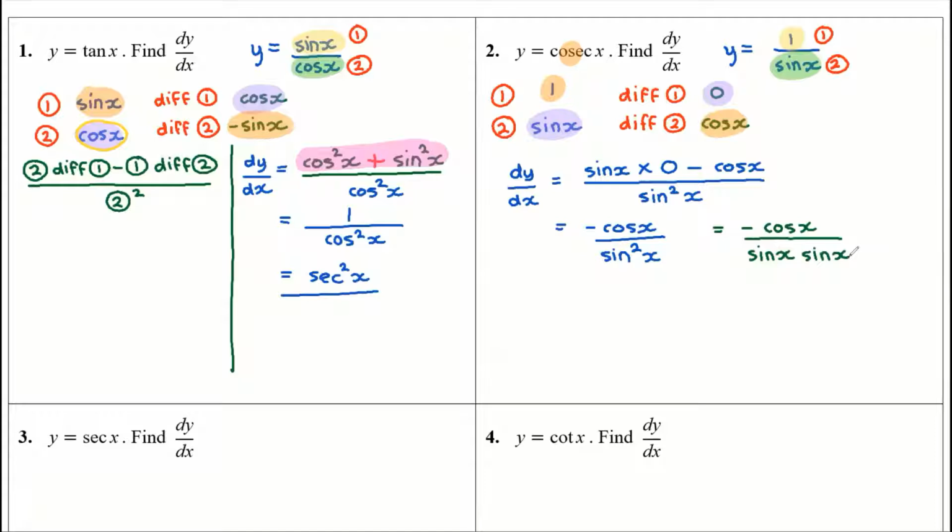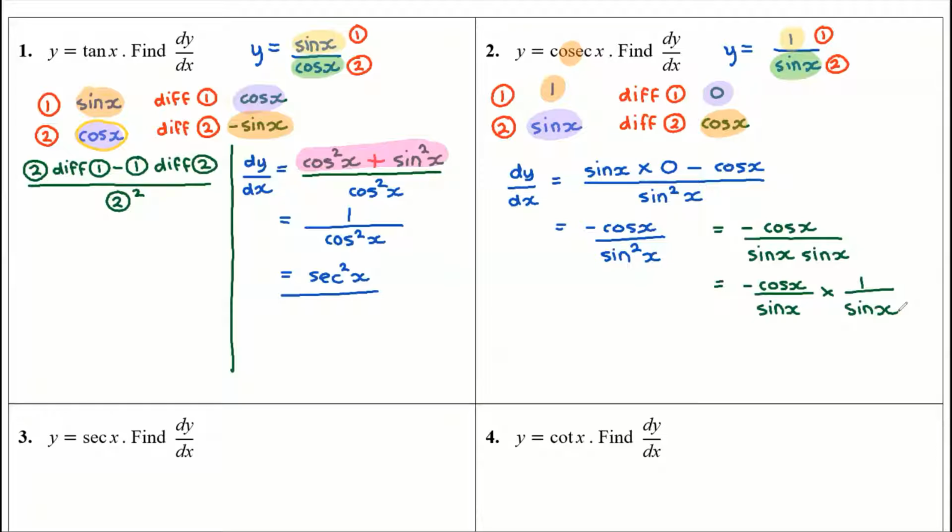And you'll notice that if I write it like that, it's essentially the same as negative cos x over sine x multiplied by 1 over sine x.